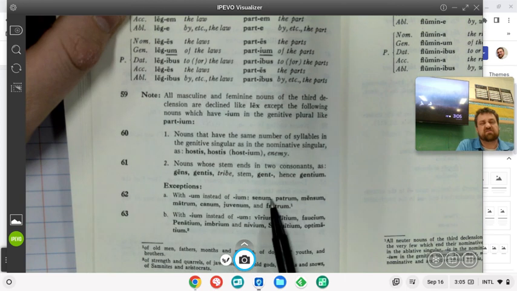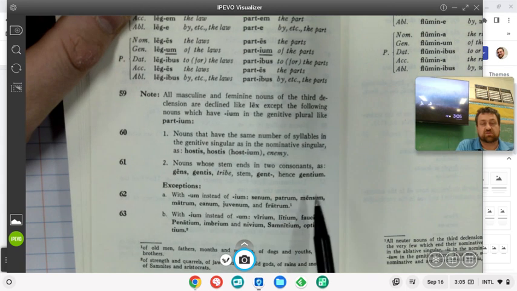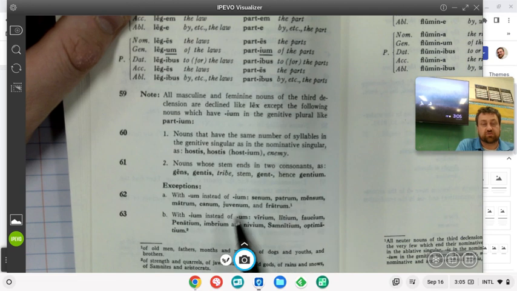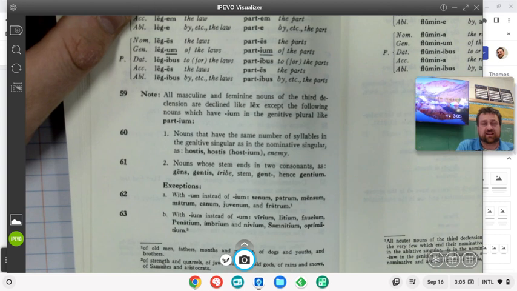And these aren't going to necessarily show up right away, but: sanum, patrum, mensum, matrum, canum, juvenum, and fratrum. I think it's easier to remember fratrum, patrum, matrum, those family words, because they're three family words. So I think that's kind of easy to remember that those are exceptions.